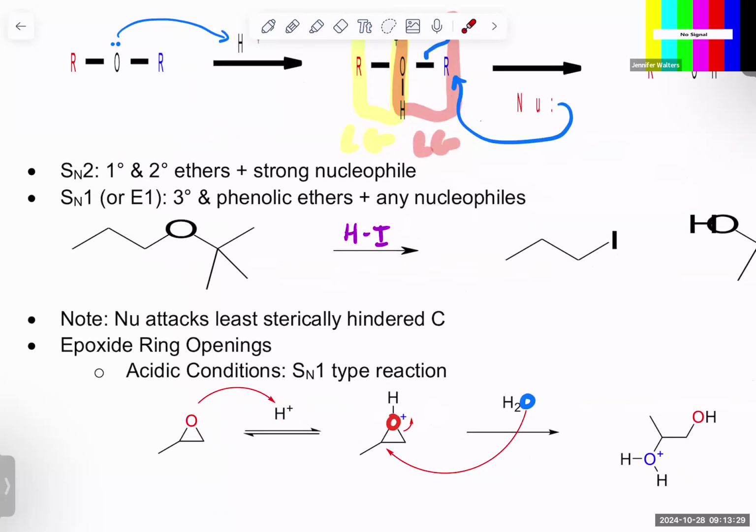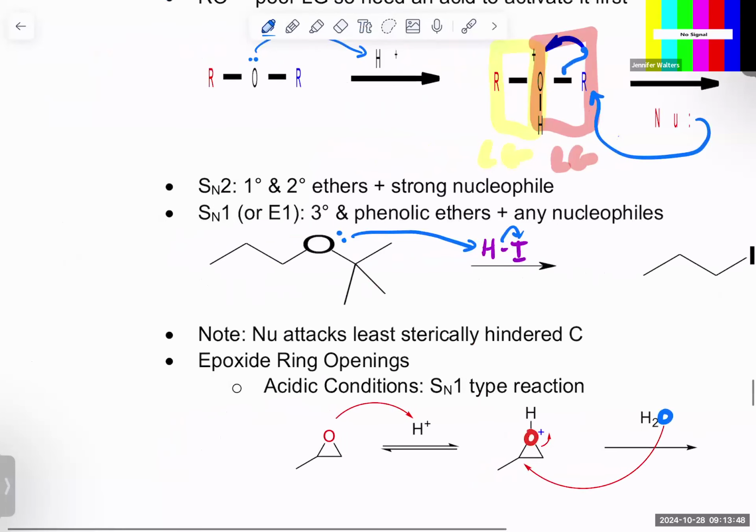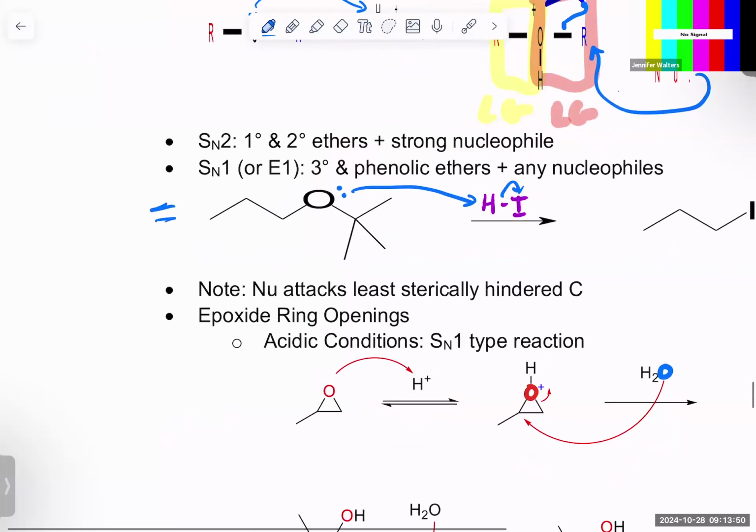So if I look at this reaction, the first step, I have strong acid. If you have strong acid, the first thing you better do is protonate something. Our most basic site is going to be the oxygen. So that oxygen is going to attack the acid and get protonated. So at that point, I am here, and that iodide is a strong nucleophile.